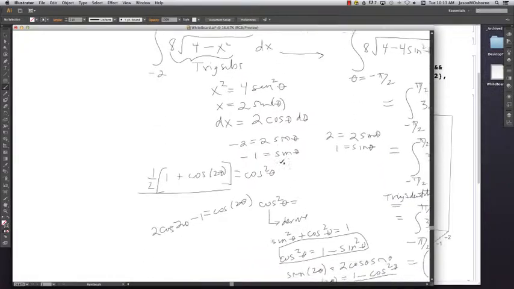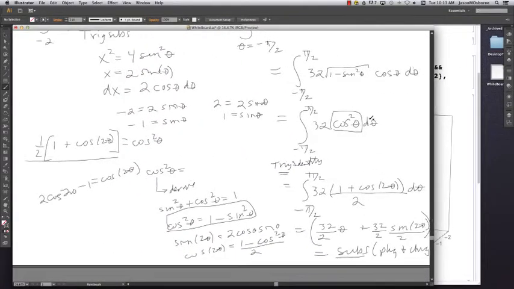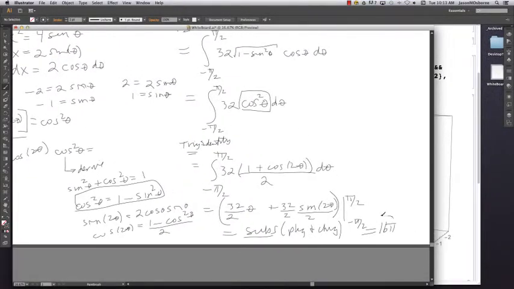You would have had to remember a double angle identity to do the cosine squared integral. But at the end of the day, you will get to the correct answer: the volume is 16 pi. In the next video, we'll talk about how to do these double integrals over circles in polar coordinates, which will be a much snappier and more straightforward way to compute the double integral.